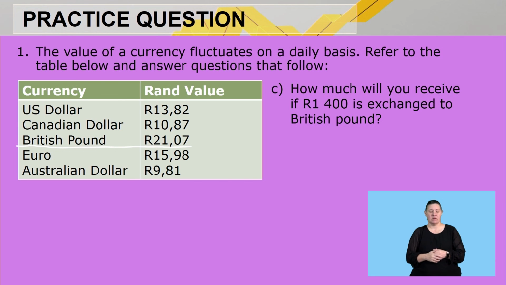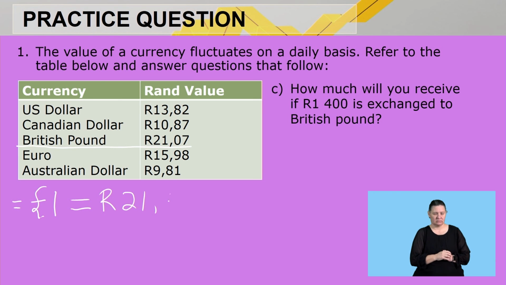So we have our conversion factor, 1 British pound compared to South African rand is 21 rand 7 cents, and we are converting 1,400, placing our units accordingly, rands under rands.